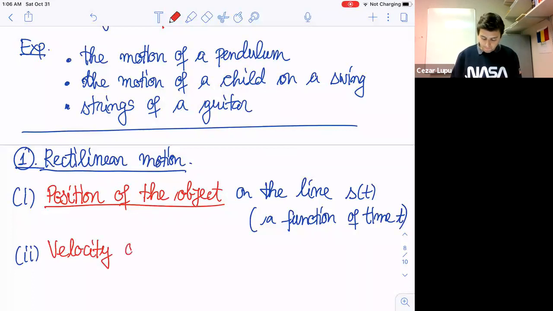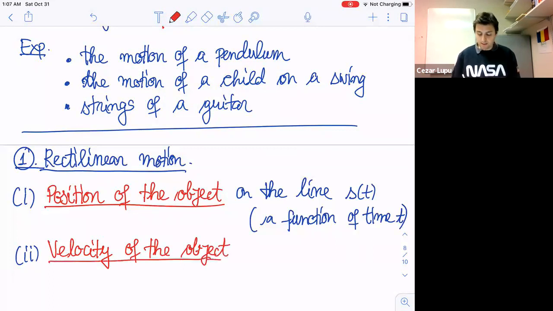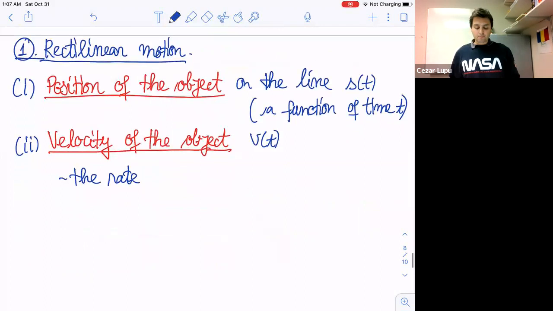All right. The second one will be the velocity of the object. And this will be described by this function. Let's call this v of t. Right. So this is the function v of t. And here, the rate of change.